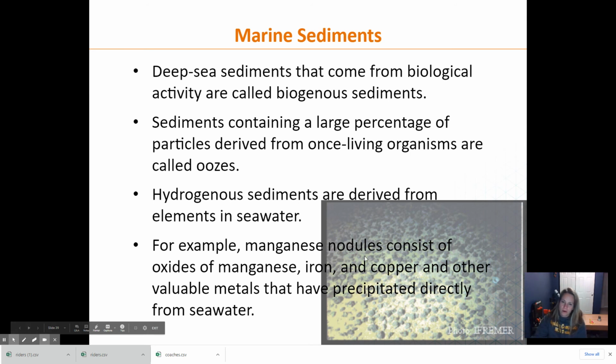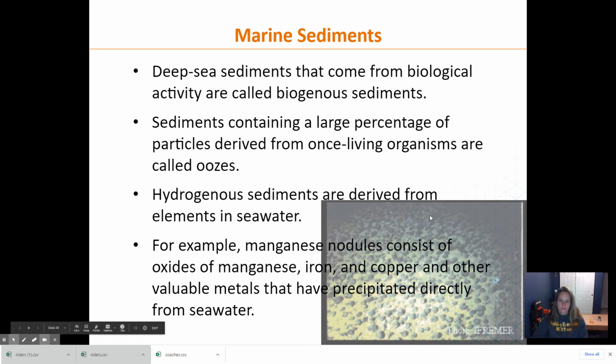So nodules are minerals that are deposited, and this could be because of precipitation, meaning that it's hardened because the minerals came together underwater. It could be because it's at a hydrothermal vent. So hydrothermal venting causes minerals to form, and so those can form nodules, little clumps of minerals.